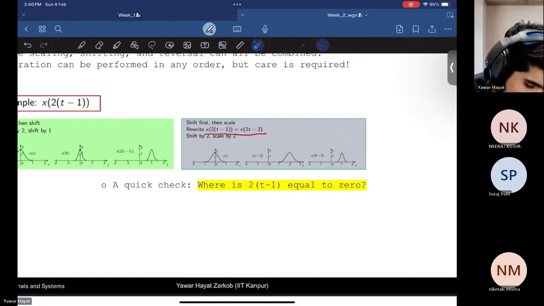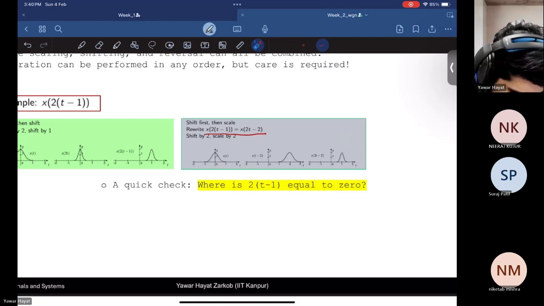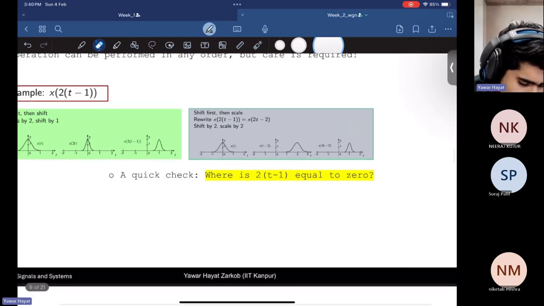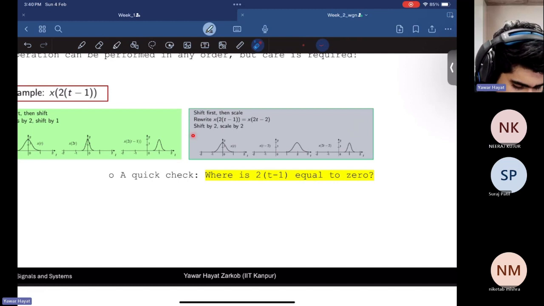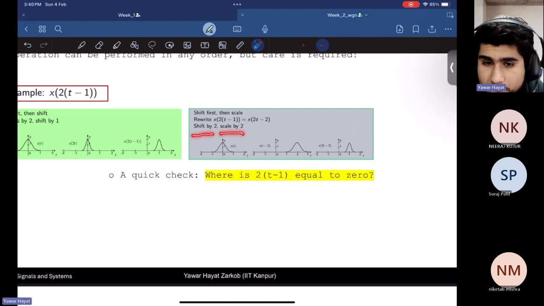So this is the catch. If you exercise this caution, then you are fine with either of these two approaches. You will shift the signal by 2 units and then scale the signal by 2 units.